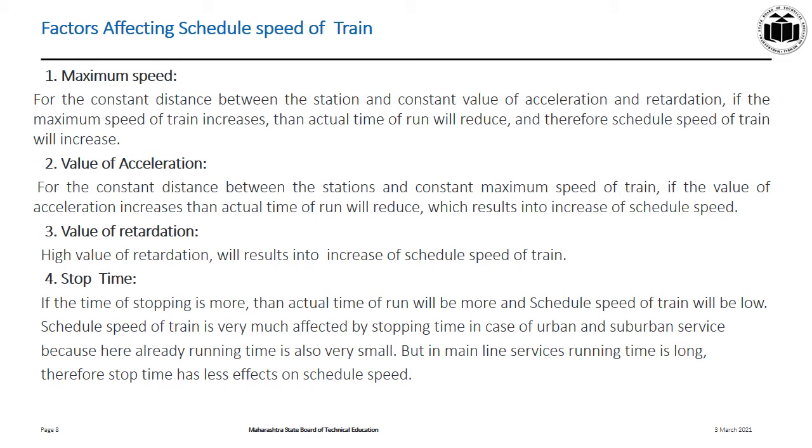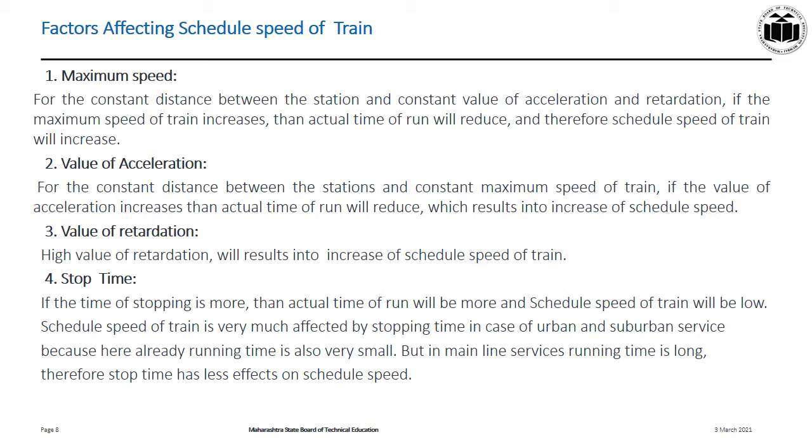Now we will see the various factors which are affecting the schedule speed of the train. The factors that affect the schedule speed of train are maximum speed of the train, acceleration rate of the train, retardation rate of the train, and time required to stop the train. First of all, we will see the maximum speed.